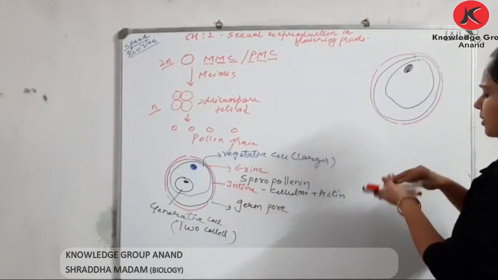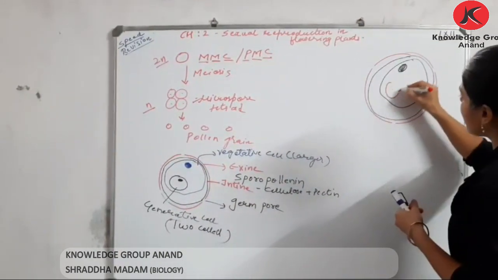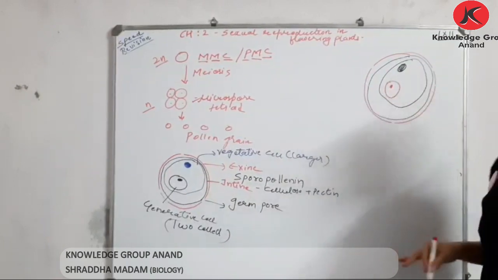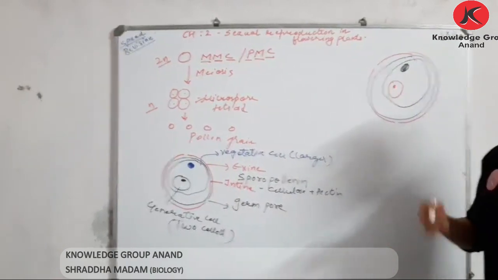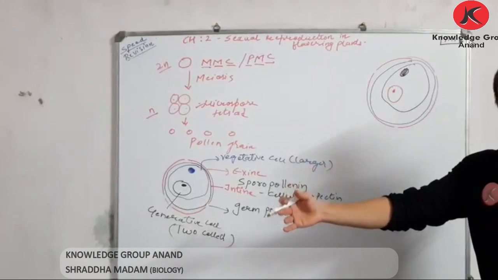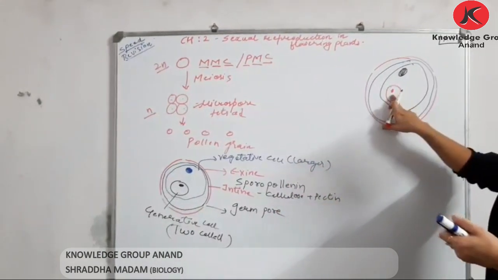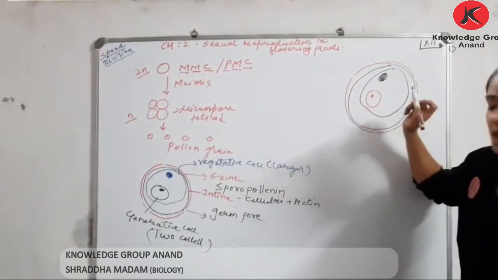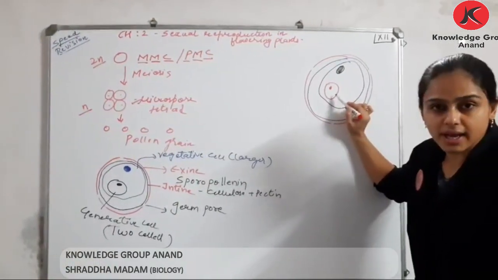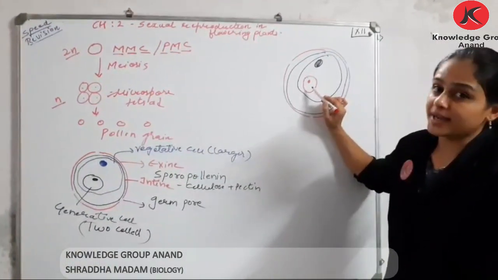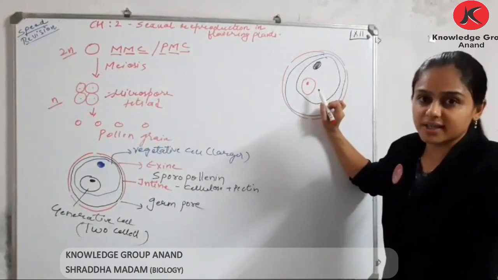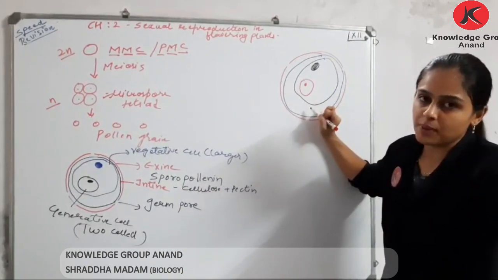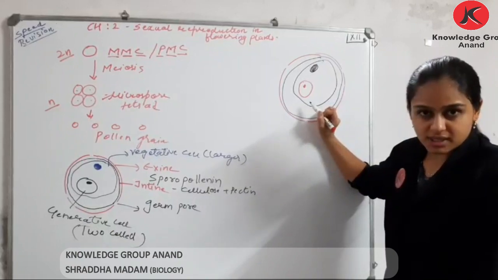Okay, तो let me draw over here. मान लीजिए ये आपका जनरेटिव सेल है, two cell condition, as you can see over here. Now what happens in rest 40% of your angiospermic plant? This generative cell undergoes mitosis once again. So at the end of mitosis, you people will get how many cells? Two cells. Yes.